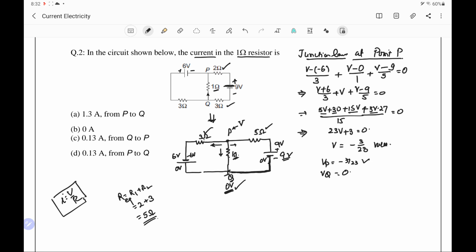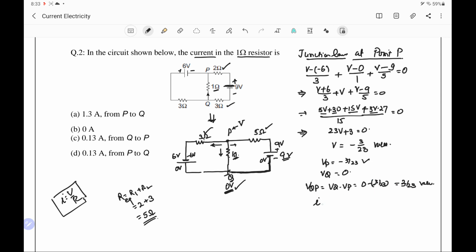So the voltage at point P is minus 3 by 23 volt and the voltage at point Q is 0 volt. That means Q is at higher voltage. Current flows from higher voltage to lower voltage, that is, in the direction shown in the figure. Therefore the voltage across Q and P is VQ minus VP, which is 0 minus minus 3 by 23, that is 3 by 23 volt.